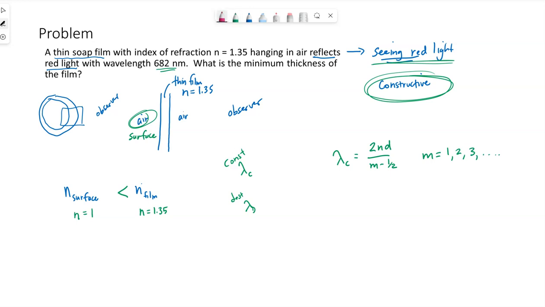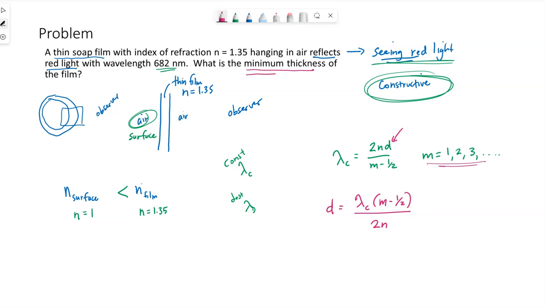The question is asking us to find the minimum thickness of this film. D is thickness. So if I solve for D, because of these multiple m values, there's technically multiple thicknesses that will result in this constructive interference.